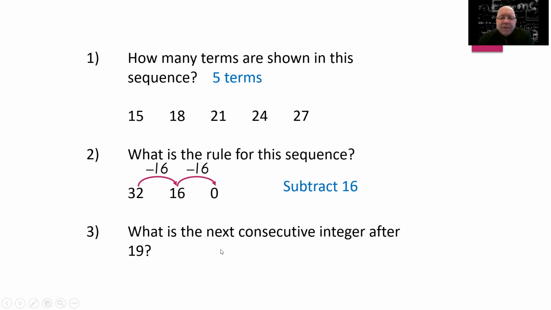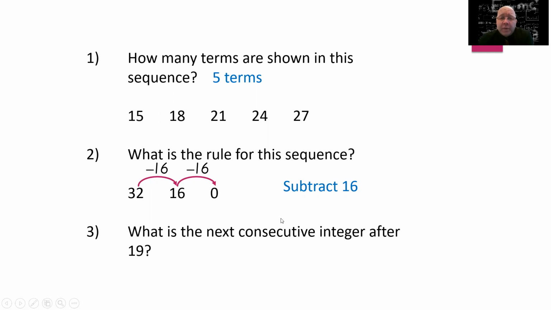And finally, what's the next consecutive integer after 19? Again, this is all about the vocabulary, the language. So 2 words here that we need to understand. First is consecutive. Consecutive means it follows on. It's the next along. So 1, 2, 3 are consecutive numbers. 7, 8, 9 are consecutive numbers.